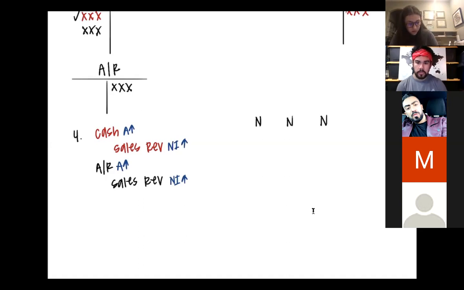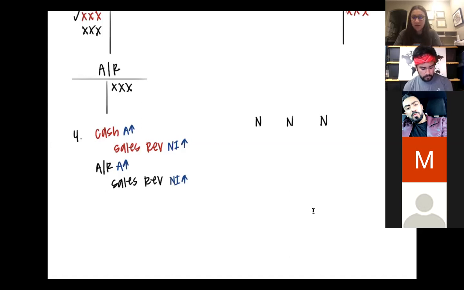Can you explain that again a bit? So if you look here, cash and AR are both assets, and sales revenue is the same account. And the answer that you're looking for is assets, liabilities, and net income. It's not asking you about the specific accounts like it is in the trial balance, right? So in terms of your total assets, there's no effect on them. Let's say your total assets is $10,000, and you debited cash for 1,000 when you should have just debited AR for 1,000.